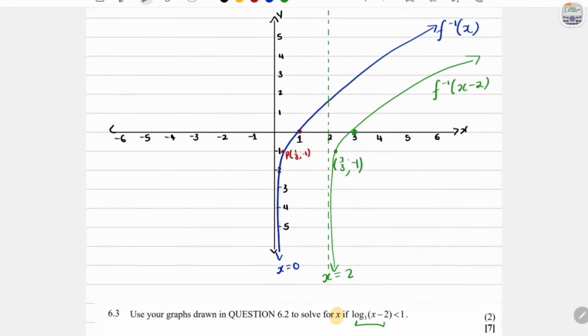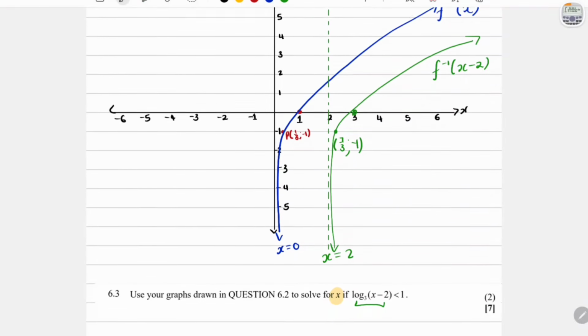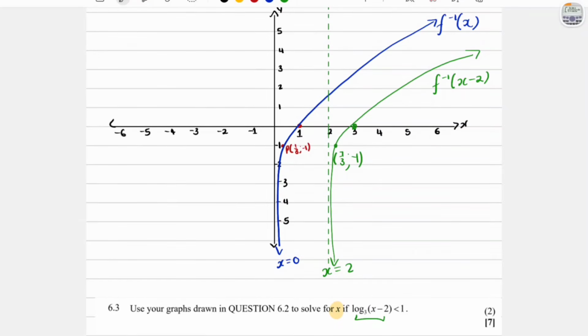Let's look at that. Because we're saying less than 1, remember they're referring to the y values. They're just telling you to find the values of x where you're going to have all these y values being less than a y value of 1. So your y value of 1 appears here, right? So this is our marker. We need to find all the places on the green graph where its y value is lower than that 1.